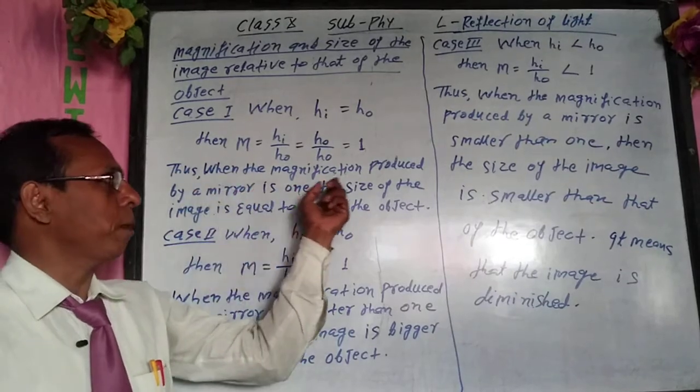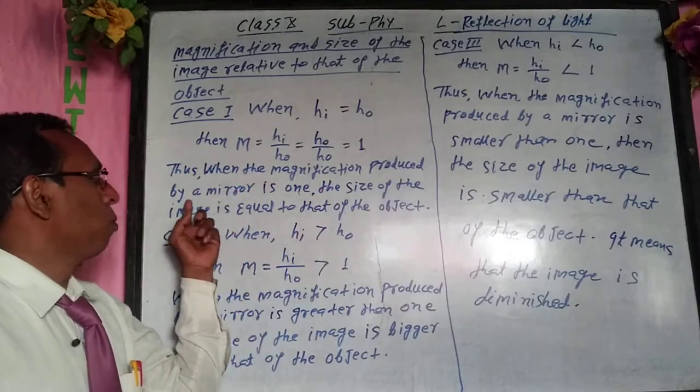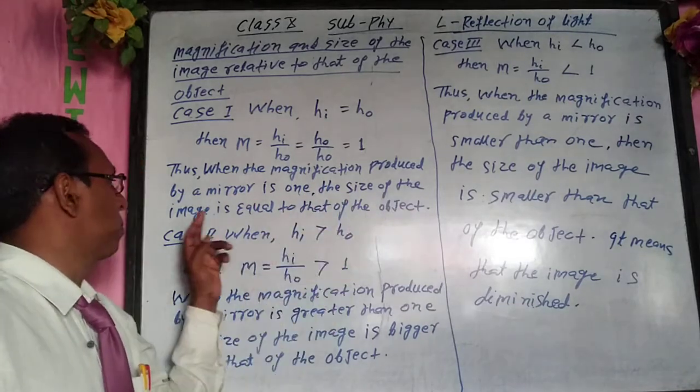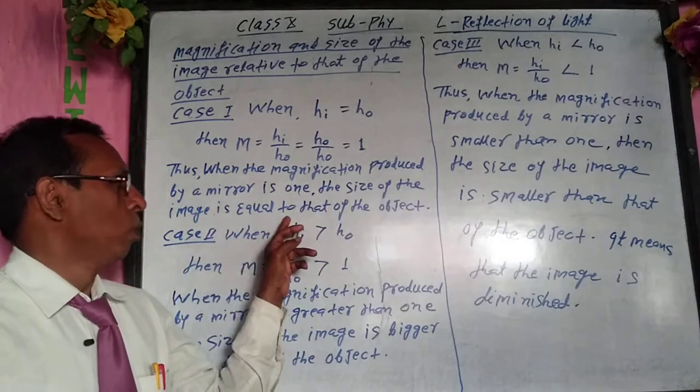Thus, when the magnification produced by a mirror is 1, then the size of the image is equal to that of the object.